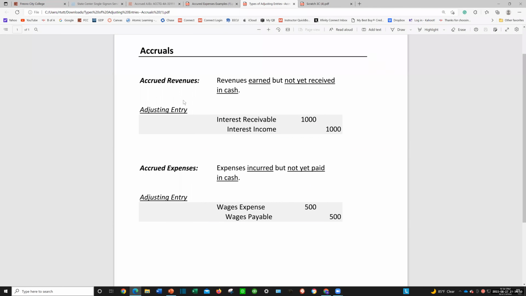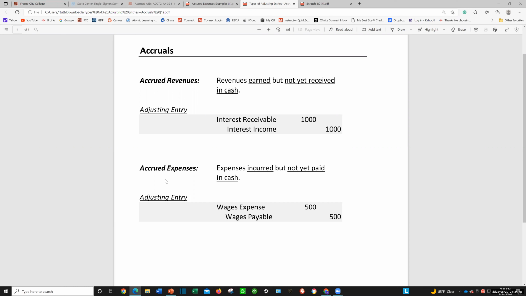So adjusting entry would be you recognize the revenue, in this case, interest income, because you earned it, but you didn't receive it in cash, you do own the right to receive the money. So it's a receivable, right? So debit interest receivable for 1,000, let's say, and then credit interest income for 1,000. Again, accrued revenues. You've earned the revenues, but you haven't received the cash. So you own the right to receive it. So it's going to be some type of receivable.